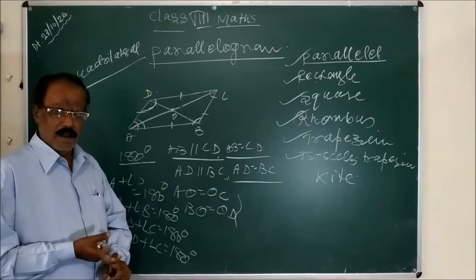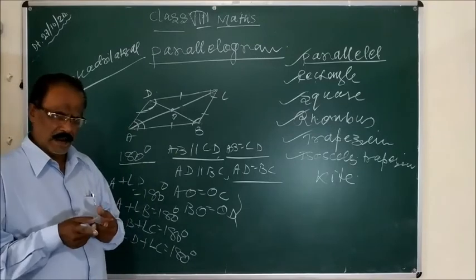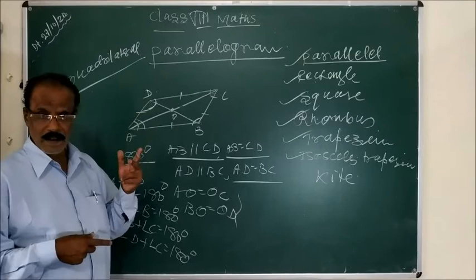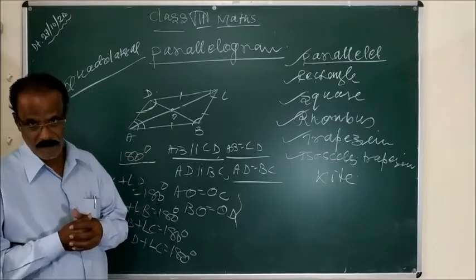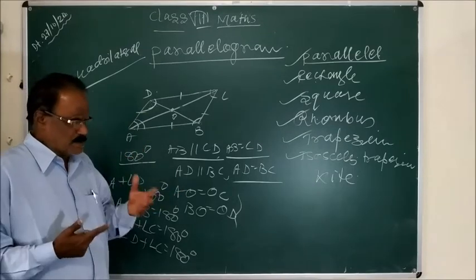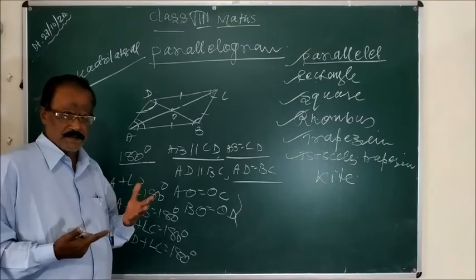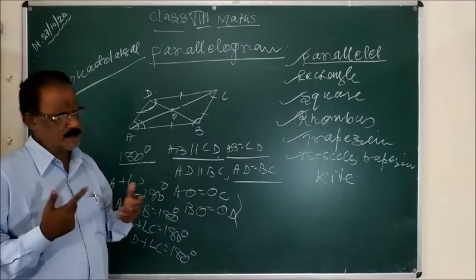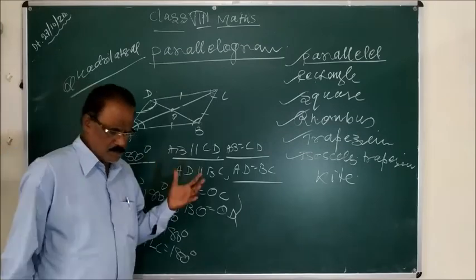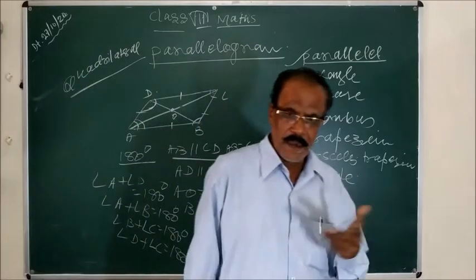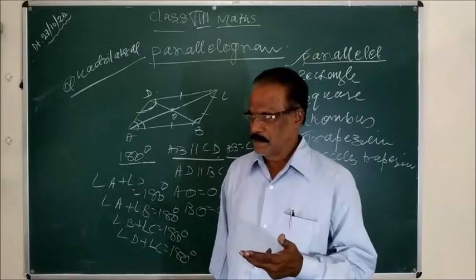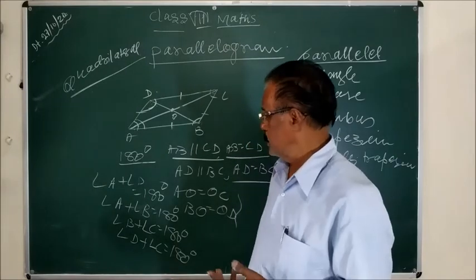If they are equal, they are automatically parallel. And if they are parallel, they are automatically equal. So if you mention both properties, equal and parallel, that is also correct. And if you say only opposite pairs of sides are parallel, that is also correct.